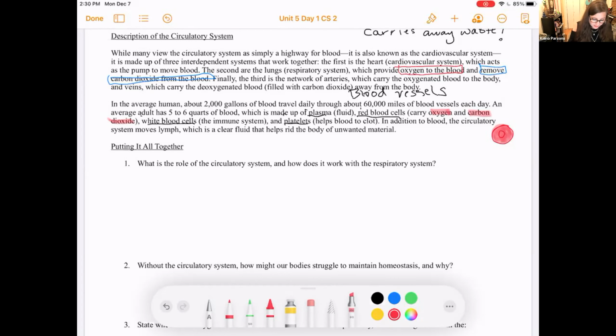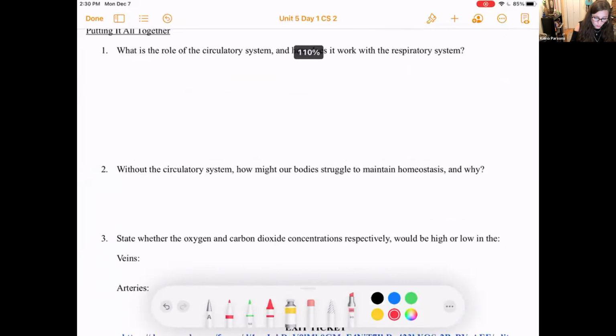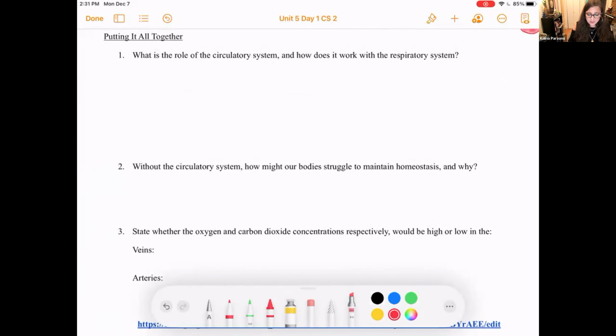So now let's put it all together. What is the role of the circulatory system and how does it work with the respiratory system?